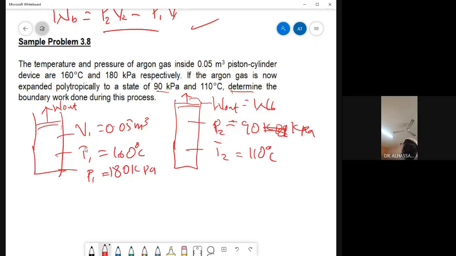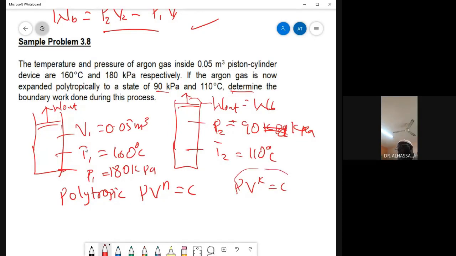Okay, so a polytropic process obeys the law PV raised to the power n equals constant, whereas adiabatic, PV raised to the power k equals constant. This is for adiabatic. Be careful, eh?